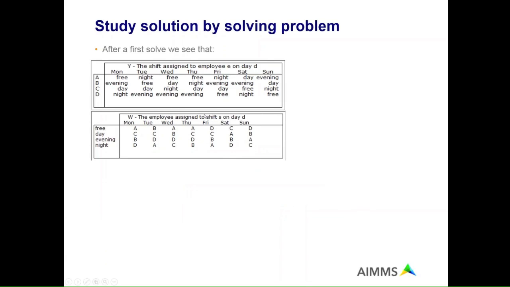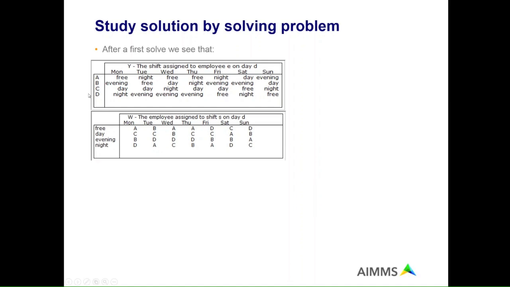Okay, so let's view a particular solution that is possible. As you can see, it's not an even distribution, as nurse A has Monday, Wednesday, and Thursday free, so she has more free than the other nurses.